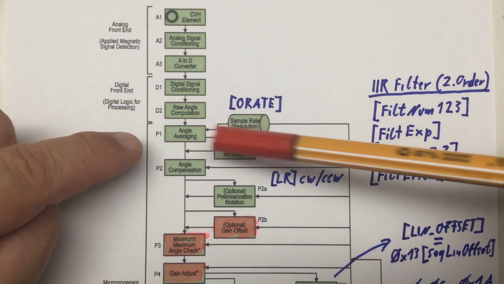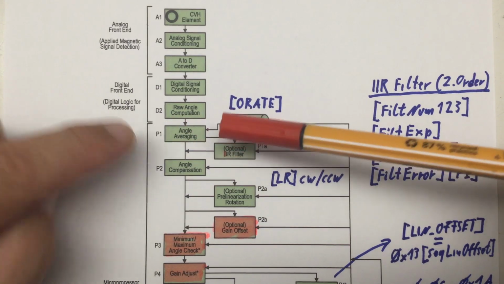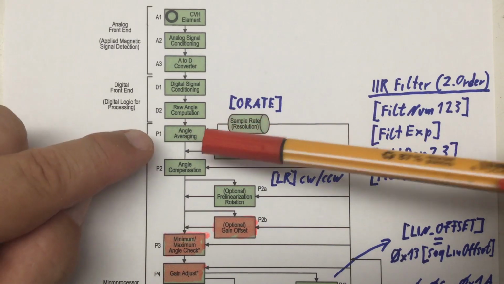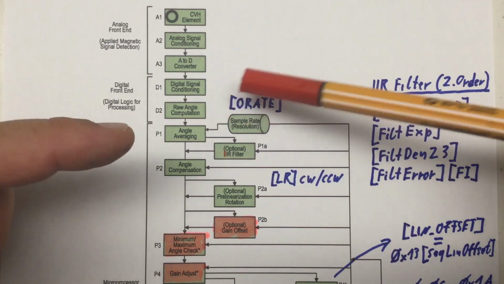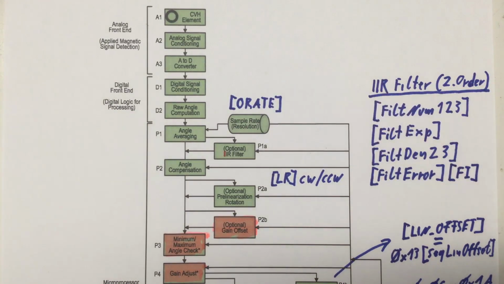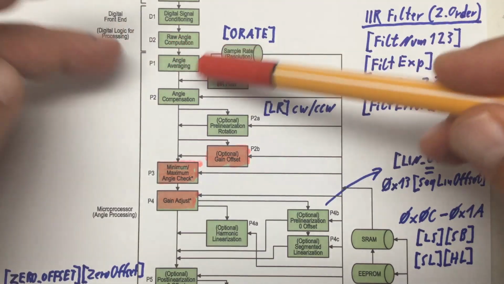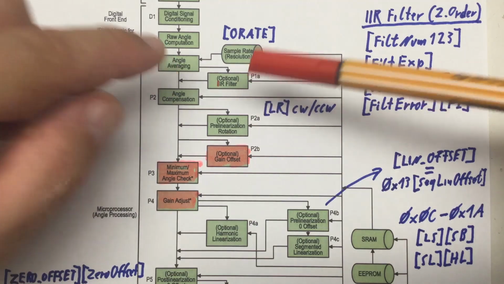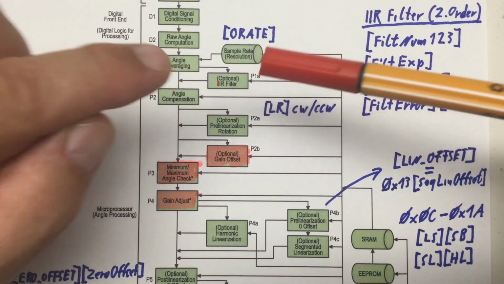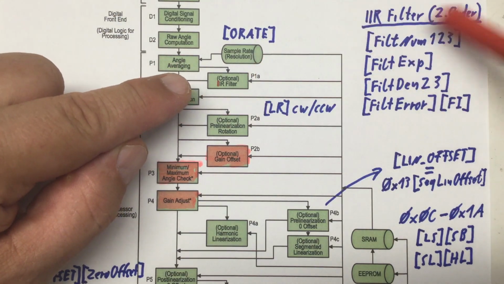And then we were here at P1 angle averaging, which we can program using the O-rate parameter, so the output rate. Next, after we average our angles, we can apply an infinite impulse response filter of the second order.